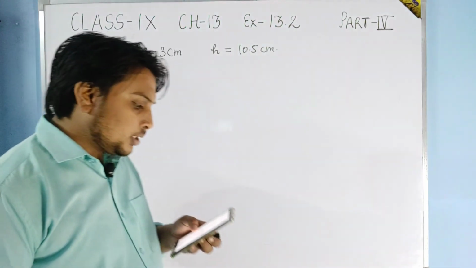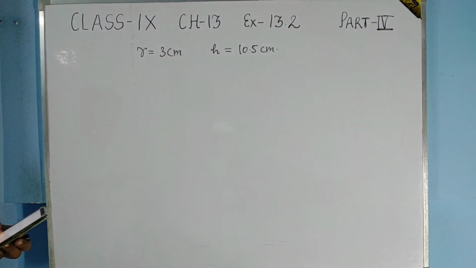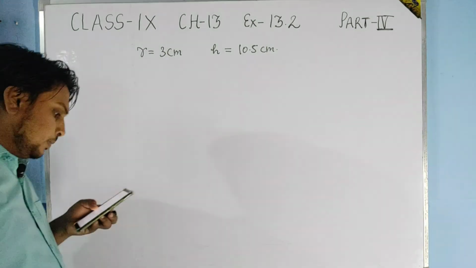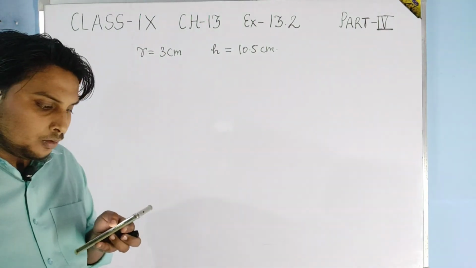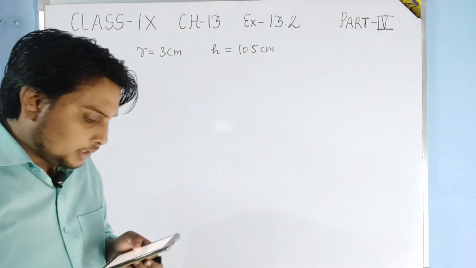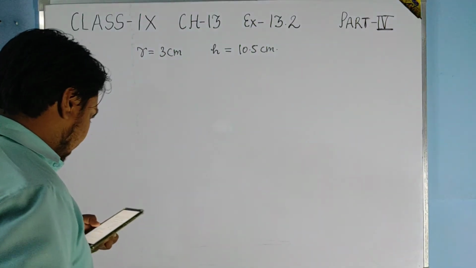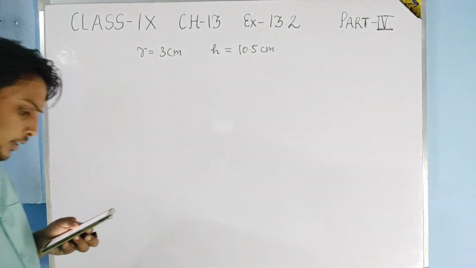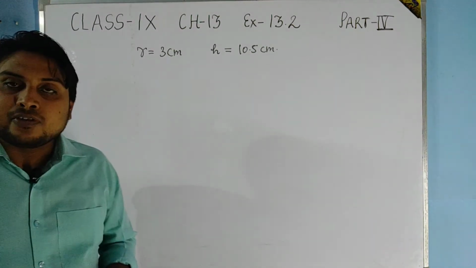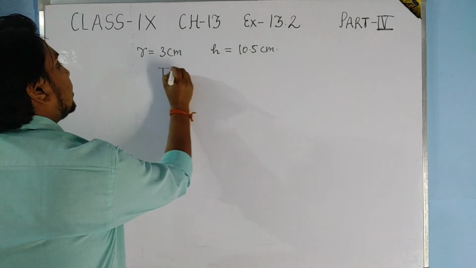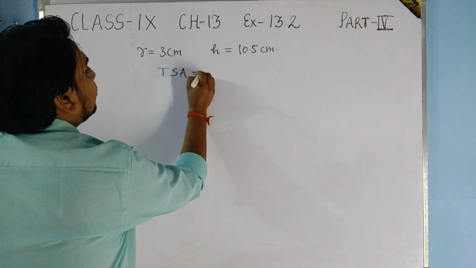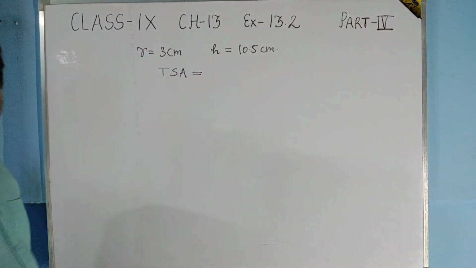So they have to make and decorate pen holders in the shape of a cylinder. So students, here you have to find the total surface area. Okay, what you will find? The total surface area, and then you will multiply it by 35.